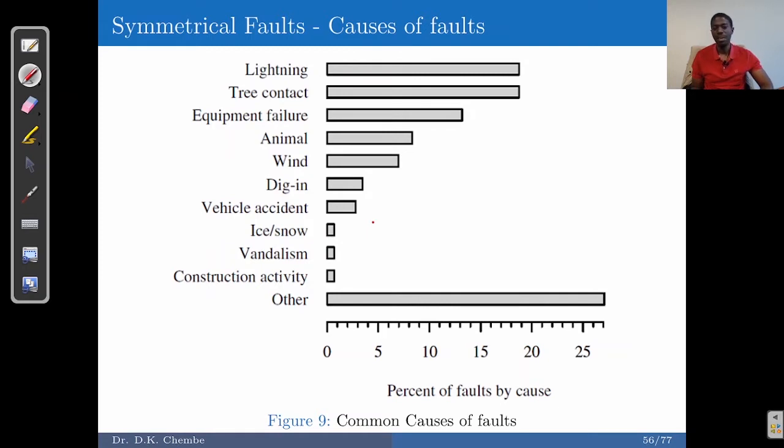Vandalism is another area. Theft, where people want to steal cables, can cause short circuit faults. To protect against some of these, you have to have animal guards, for instance, line separators to avoid the lines touching each other during the wind, and protection from vandalism.